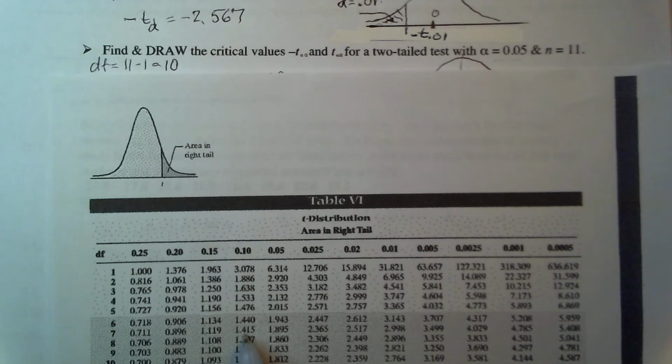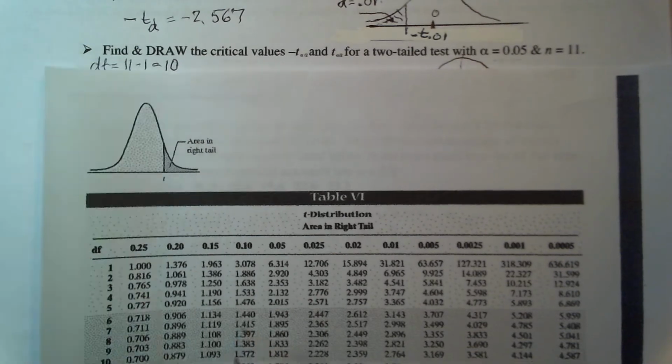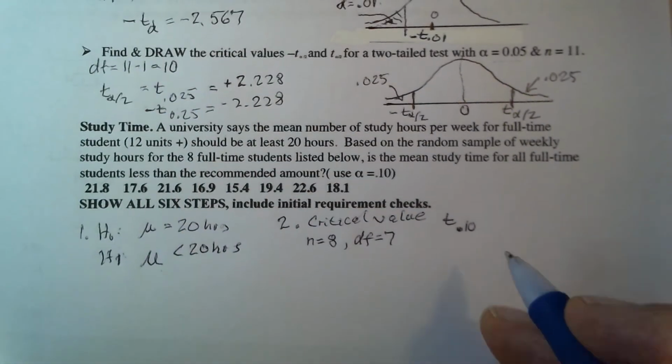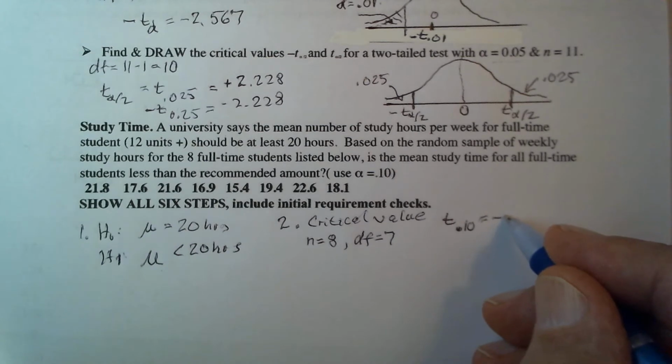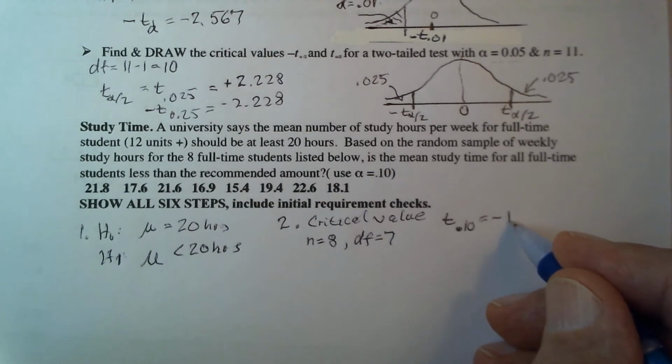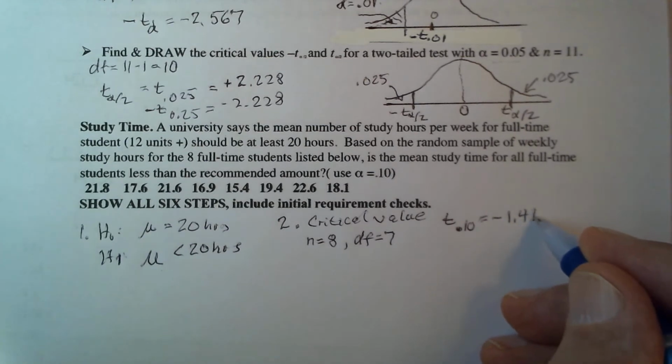So our critical value is 1.415, but because it's a left tail distribution, it's minus 1.415.